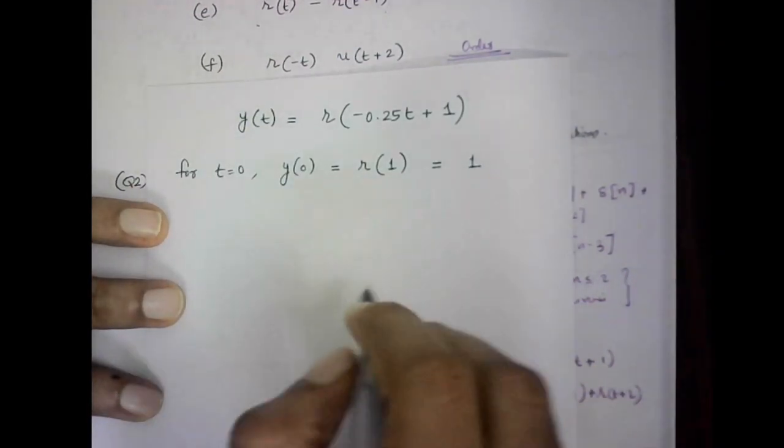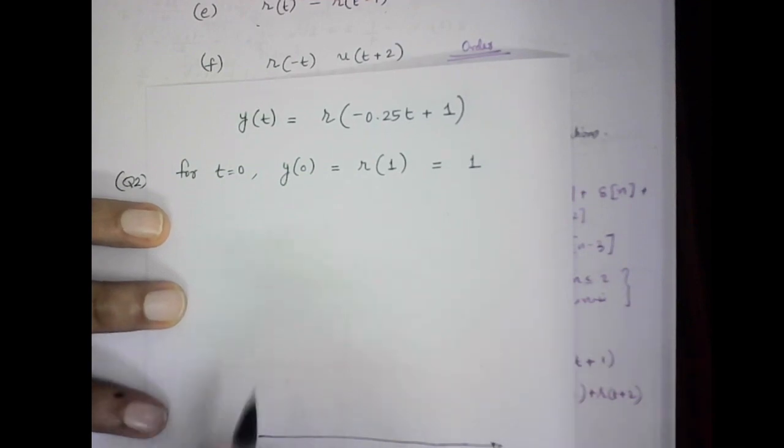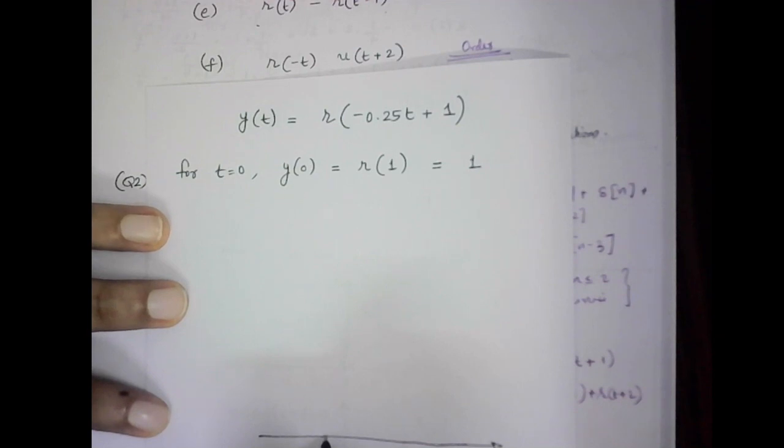So let me try to plot this along with finding the values. So this is t. I don't know exactly what the graph looks like, but what I know is at t is equal to 0, the value is 1.